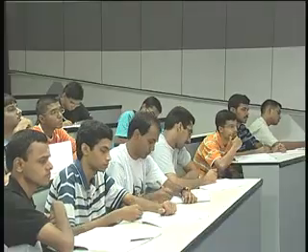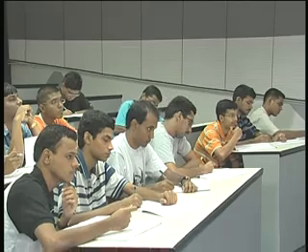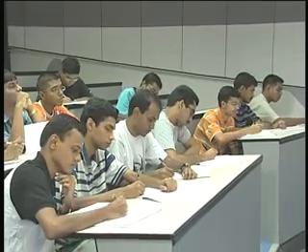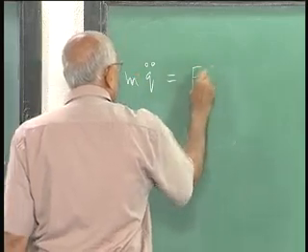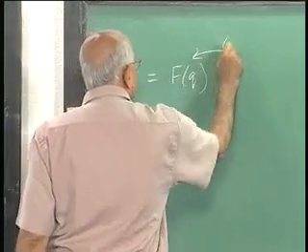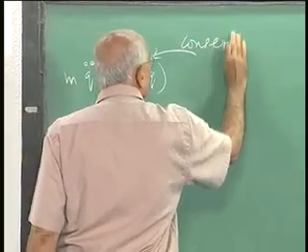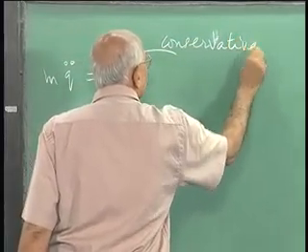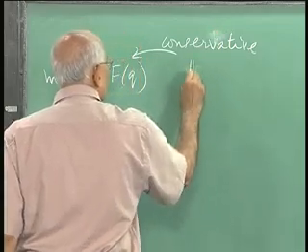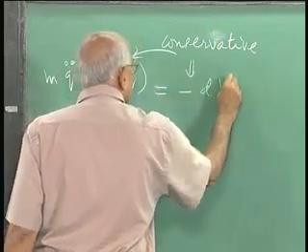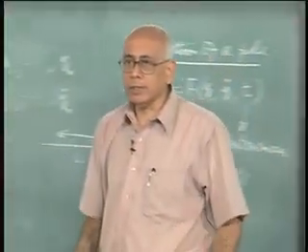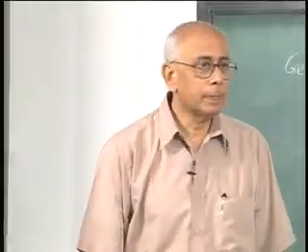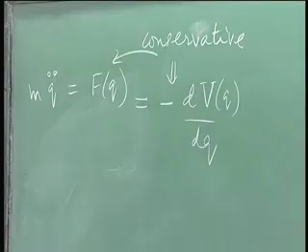So as soon as you have a force that's conservative, we know that m q double dot is f of q, and if this is a conservative force, this implies this force is minus dV/dq. It is the derivative of a potential. What is the potential here? What is V of q?